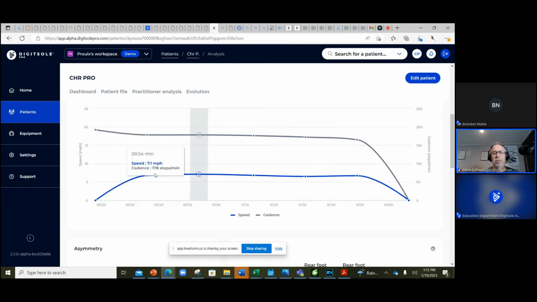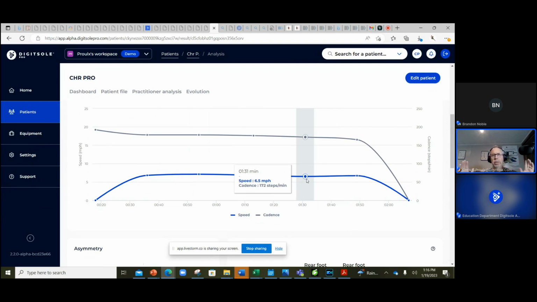Here you see the graphical representation of the speed and the cadence. And so you can look at that very quickly. If you notice anything really strange, you can actually put your cursor over that particular point and get that specific data. So this actually gives you a 15-second aggregate or so of that data. So it's not that one moment in time, it's actually over 15 seconds.